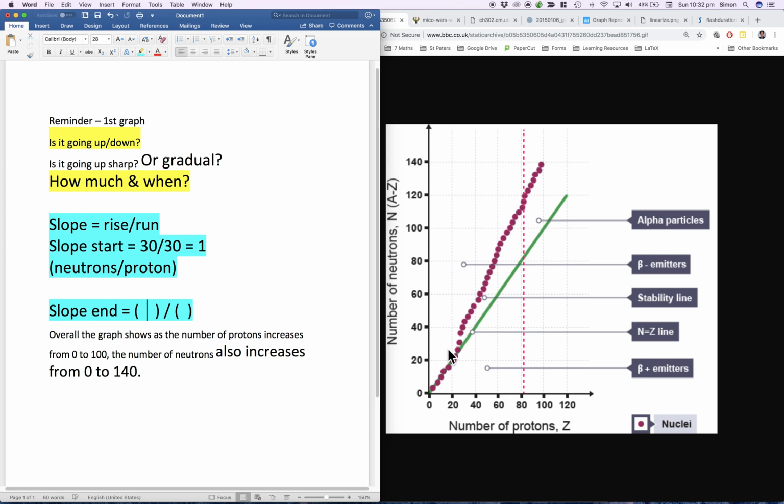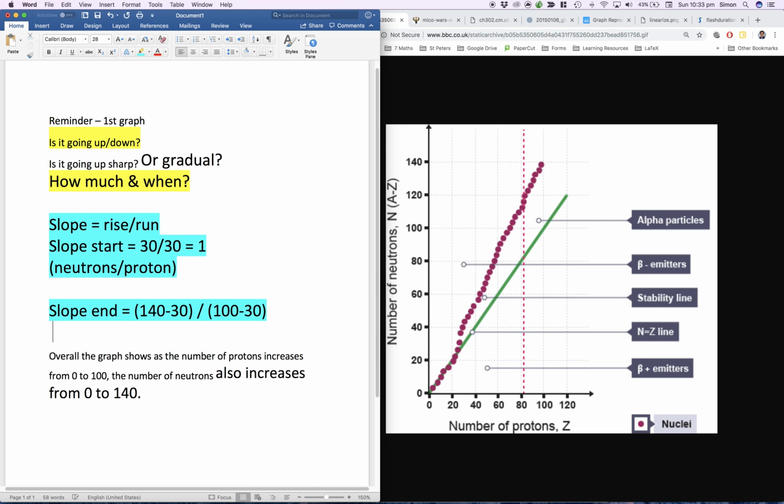I start off from that, it rises up to 140. So 140 subtract what we started in height, which is 30. All divided by how much run that has been. So it goes all the way to 100 protons, and we started from 30 protons.